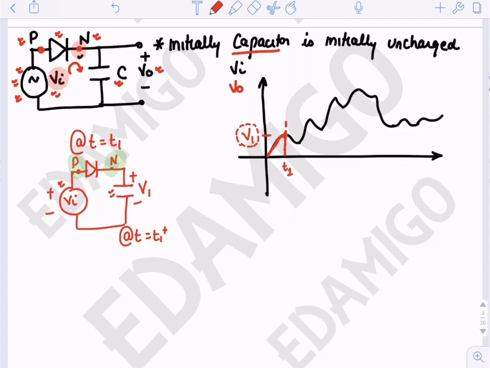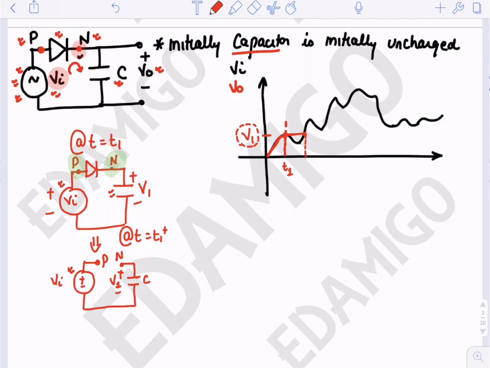So when the diode is off, the circuit becomes like this: Vi, the PN diode, and the capacitor C. The capacitor is charged with voltage V1, and since Vi is less than V1, the diode will turn itself off, and thus the output voltage remains at V1 only.